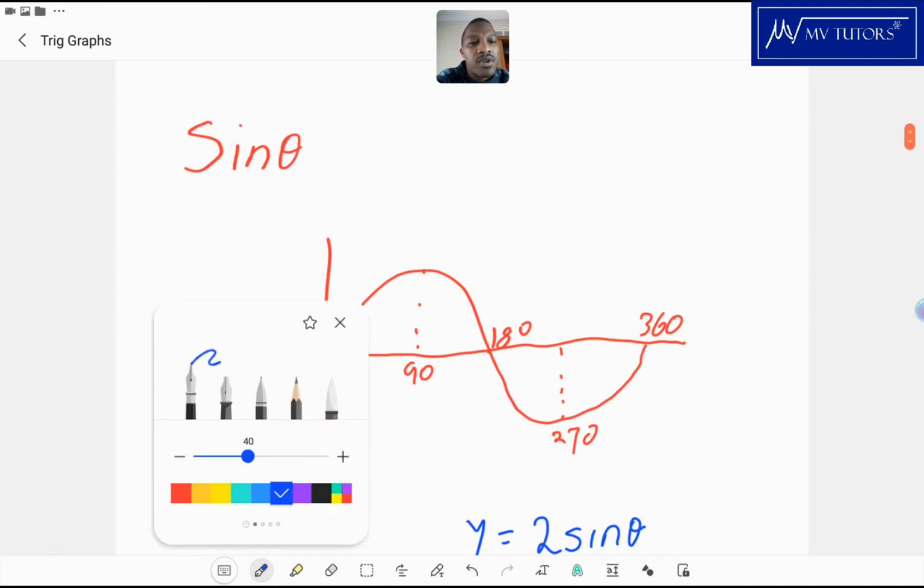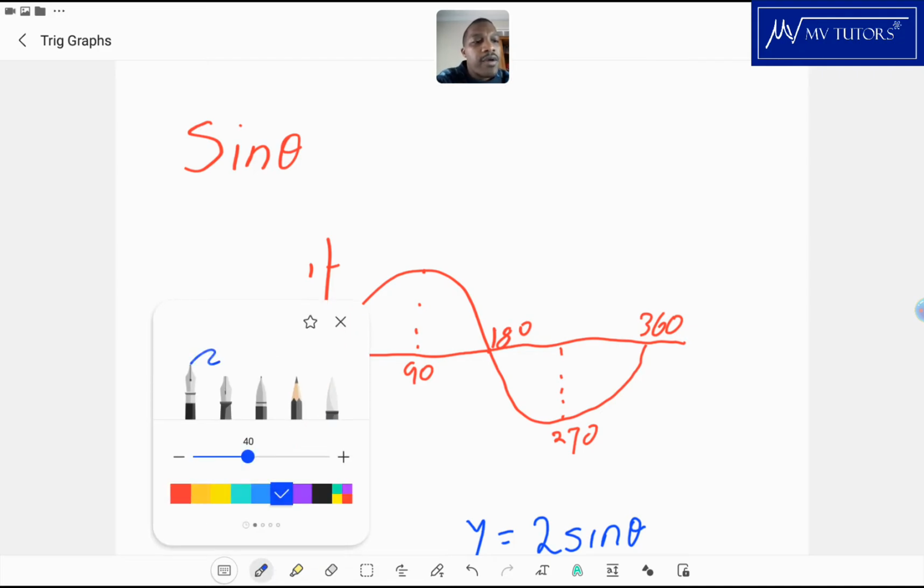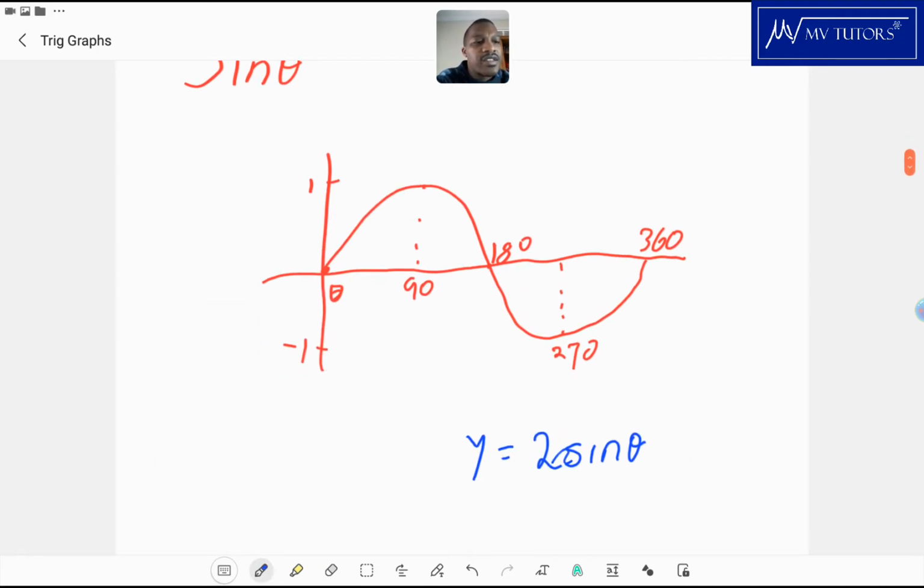One more thing I forgot to add on this one is that its amplitude is 1. We've got a -1 there. So now, how does this number affect the graph, you might ask? Well, basically, it affects the amplitude. And it really doesn't matter what that number is. All it does is affect the amplitude.